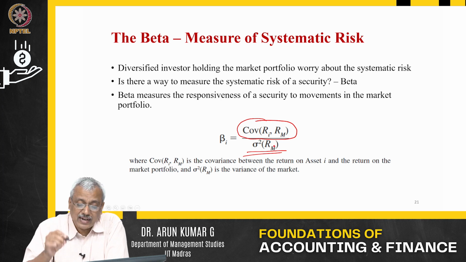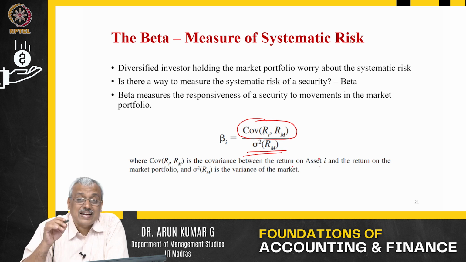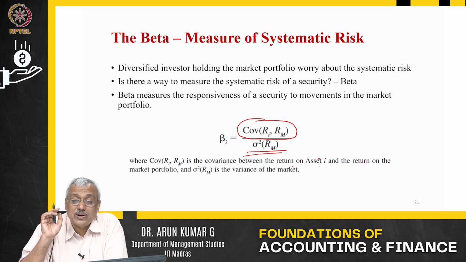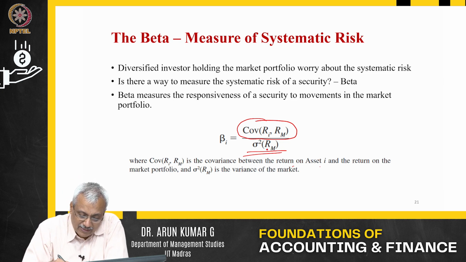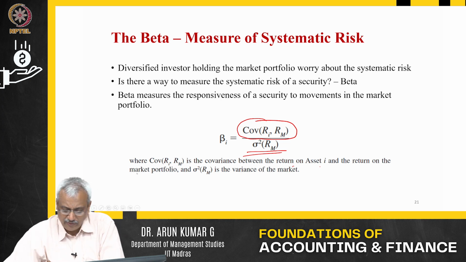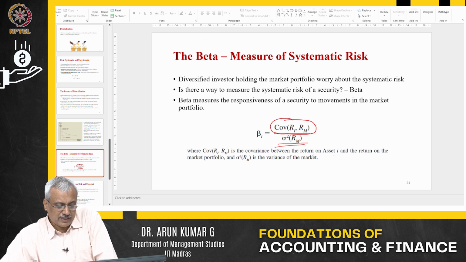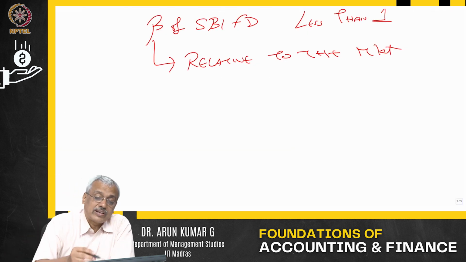That is the covariance between the return of the asset i and the return of the market portfolio, divided by the variance of the market. That is what we call the measure of risk.